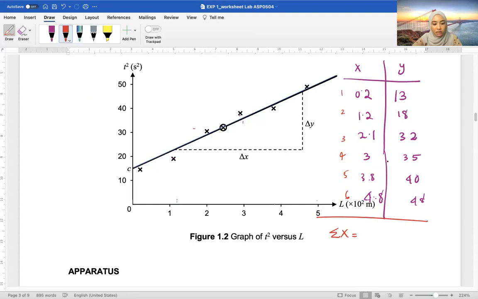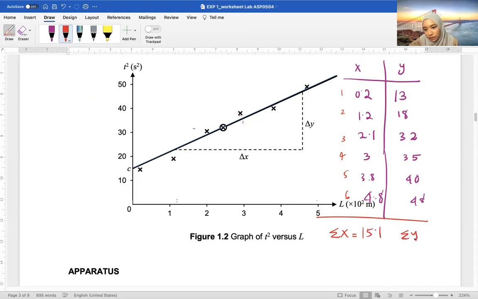So let's calculate. 0.2 plus 1.2 plus 2.1 plus 3 plus 3.8 plus 4.8. Can anyone calculate this for me as well? Sebab saya rasa saya salah kira. 15.1. Thank you.